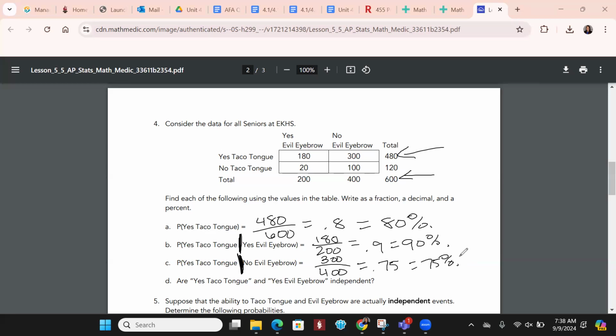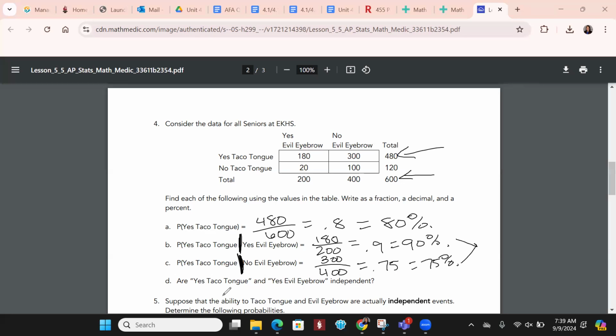Okay, so are yes, taco tongue and yes, evil eyebrow independent? How can you tell based on this data? Is there a difference between these two? Yeah, about how much? Okay, so is that a big enough difference to say, hey, are these dependent or independent?